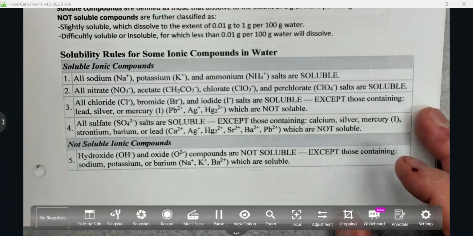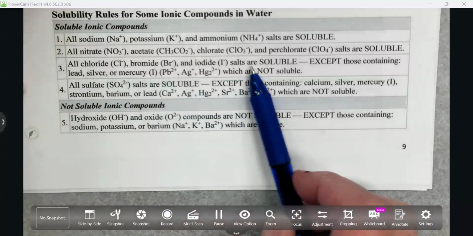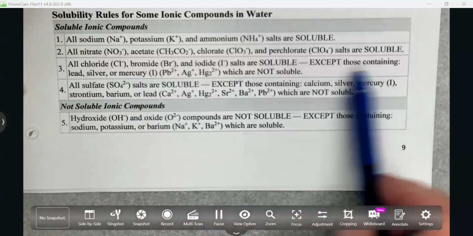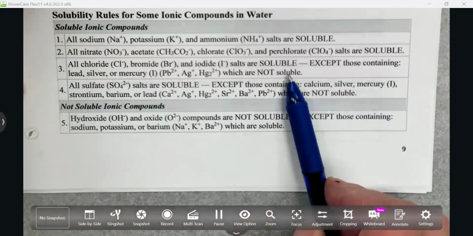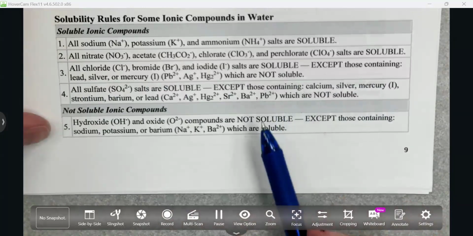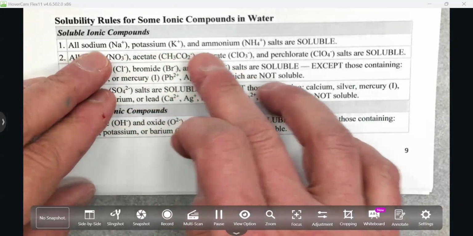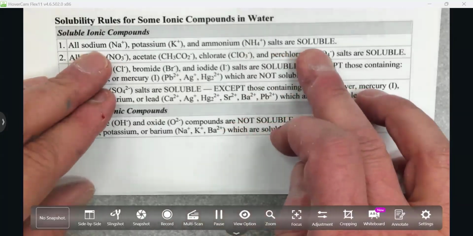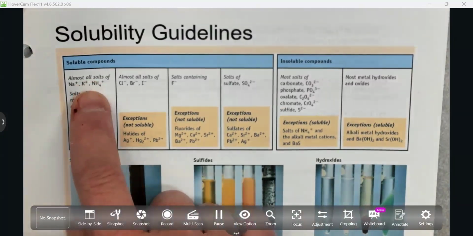So copper 2 chloride, if we look here, it says all chlorides, bromides, iodides, salts are soluble except those containing lead, silver, mercury 1, which are not. Now, this one here says all sodium, potassium, and ammonium salts are soluble. Well, these guidelines up here say almost all.